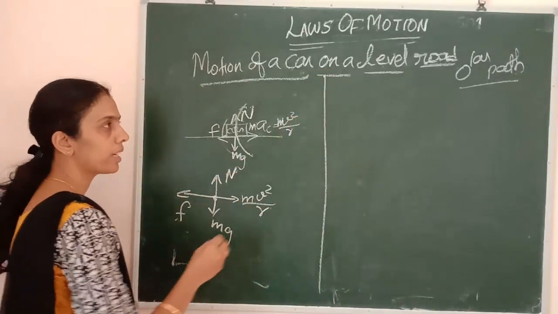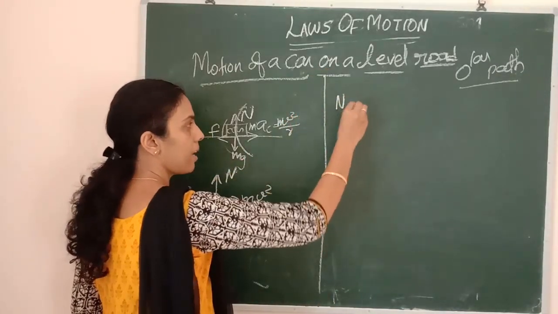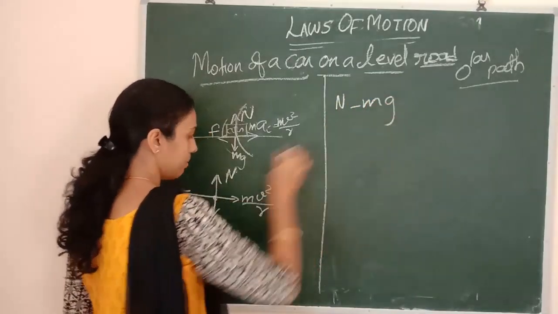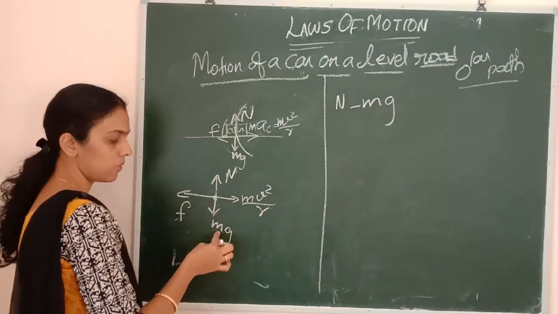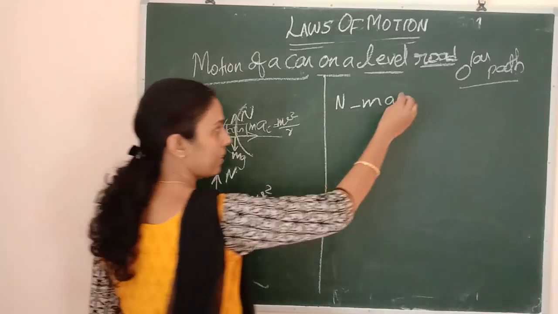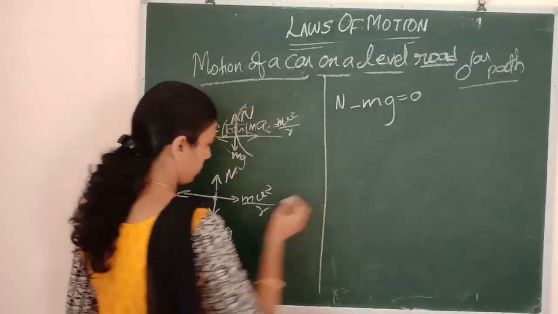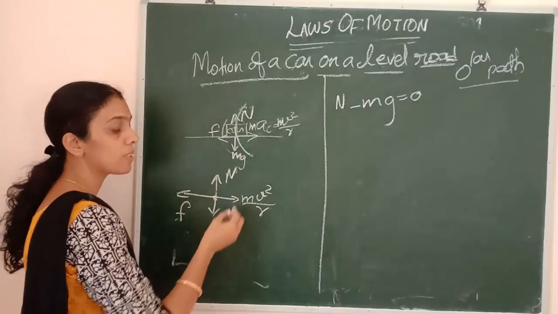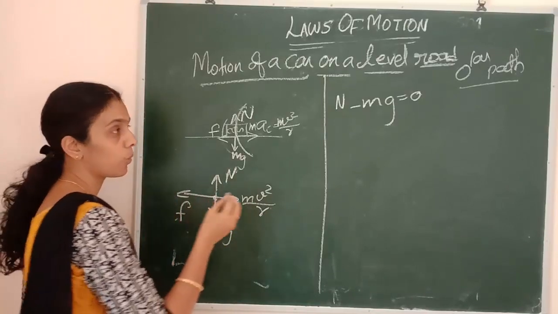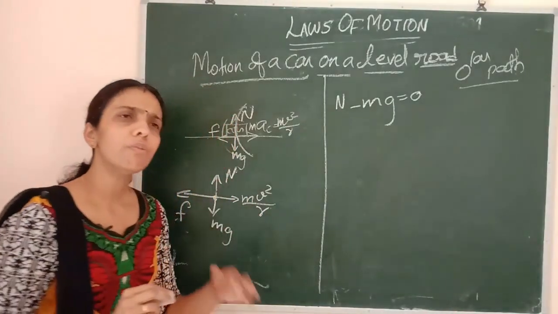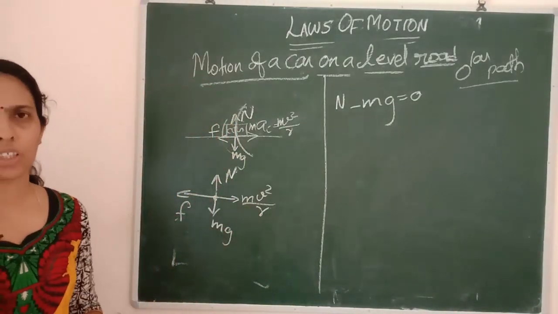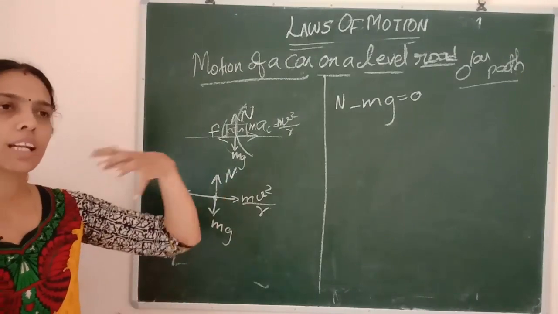So writing the horizontal and vertical forces, N minus mg, with N taken as positive and mg as negative, is equal to 0. Here the frictional force is balanced with mv square by r. We learned static friction, limiting friction and kinetic friction.